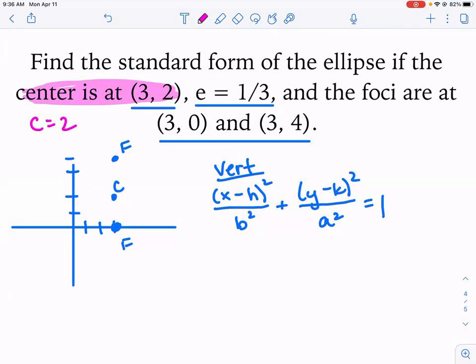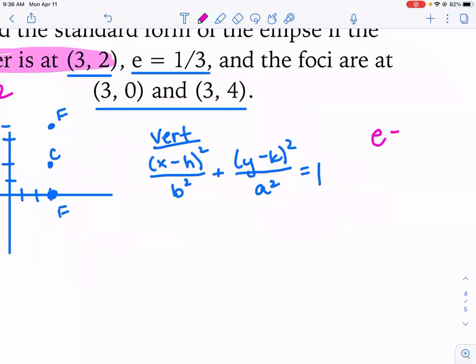Interesting. Well, this could be a reduced fraction, right? So let's talk about that. From this, our foci are 2 away from the center, and that's really how we get our C value, right? Now, eccentricity is C over A, correct?